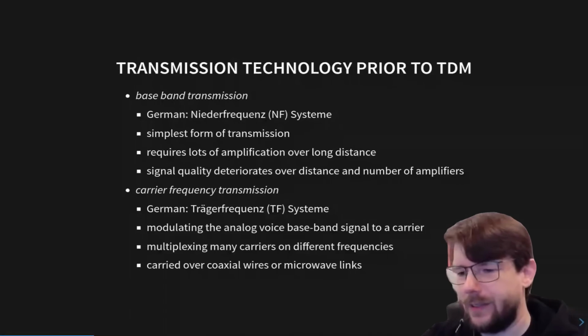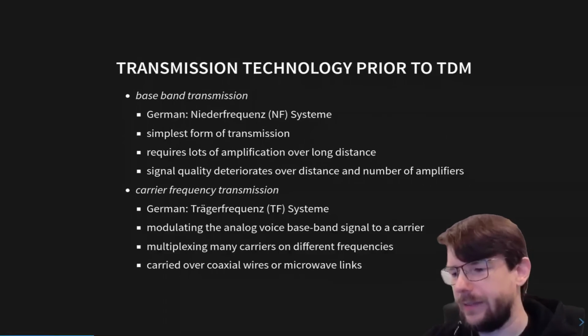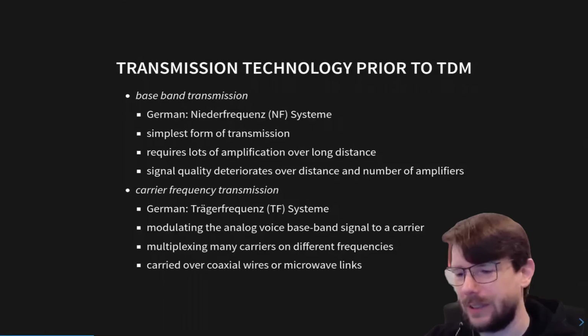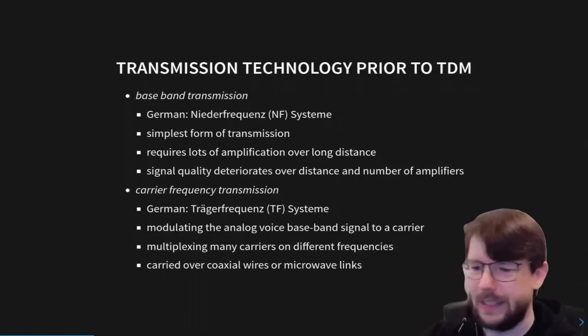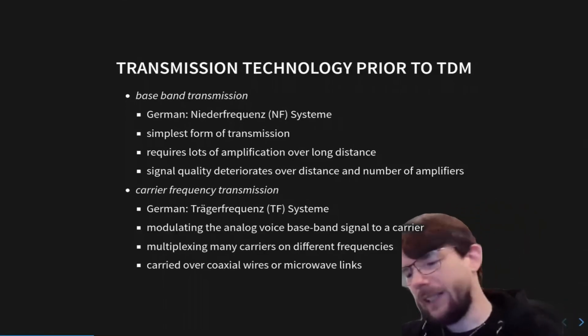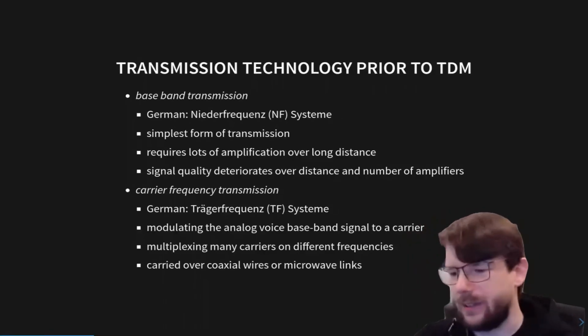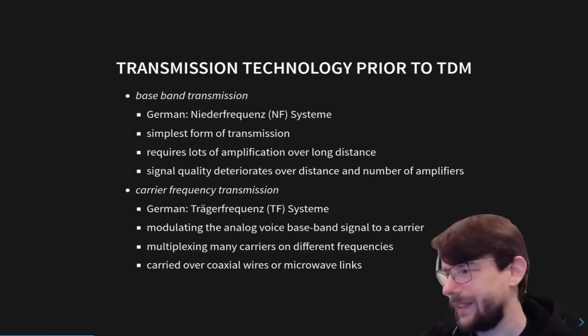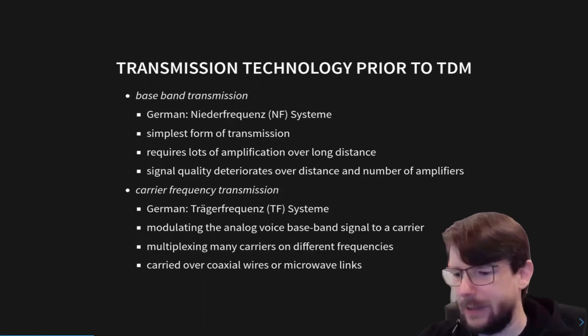Another system that was used for a very long time is the so-called carrier frequency transmission, or Trägerfrequenzsystem, TF in German, which is what Gutzkopf has briefly shown, the one cabinet in his location in the background. In this case, you're modulating the analog voice signal onto a carrier, just like you would do in radio transmission, and you put many different carriers on different frequencies.